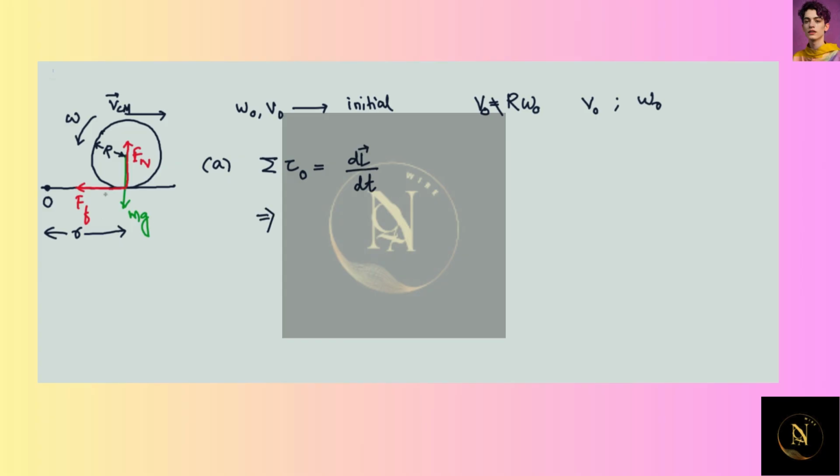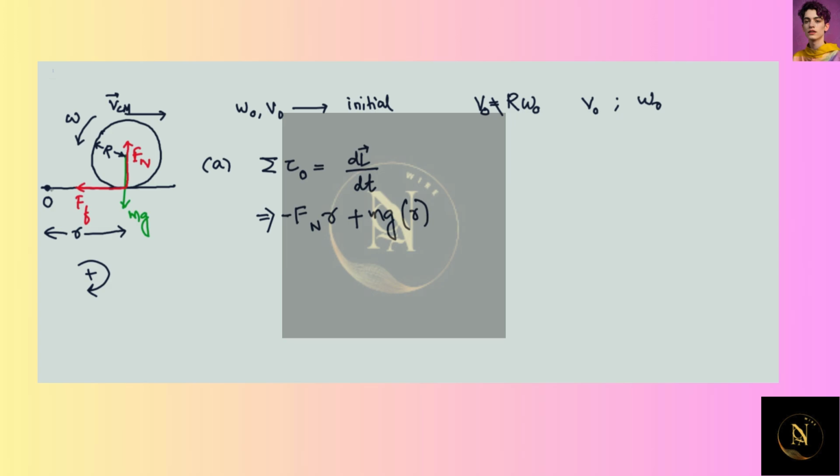Since this frictional force passes through that point, we have no torque due to this frictional force. Now if you take clockwise torques to be positive, then we have Fn giving a counterclockwise torque, therefore a negative sign, and the distance is r, and we have mg giving a clockwise torque and the distance is r as well.